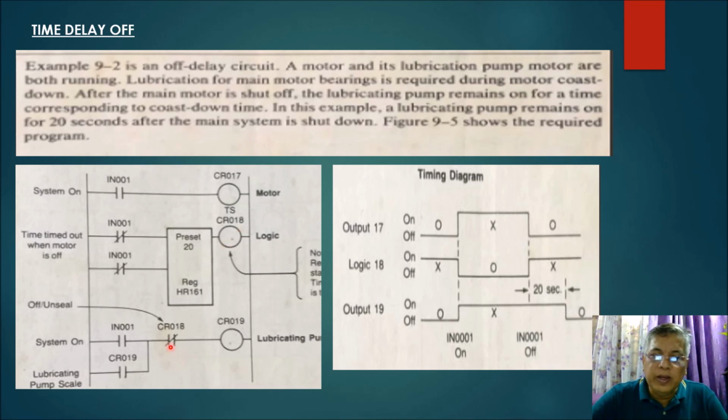When this is open, automatically your CR19 will turn off. That is why after 20 seconds, your CR19 is turned off. So that is why there is what we call a 20-second delay in turning off your lubricating pump. That is how this timing diagram works based on our circuit.